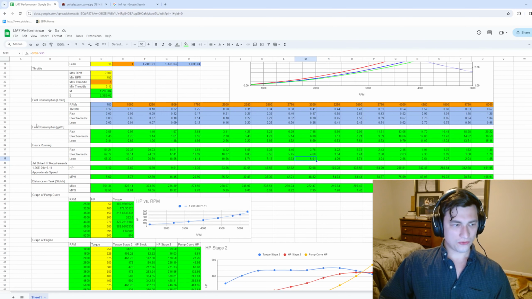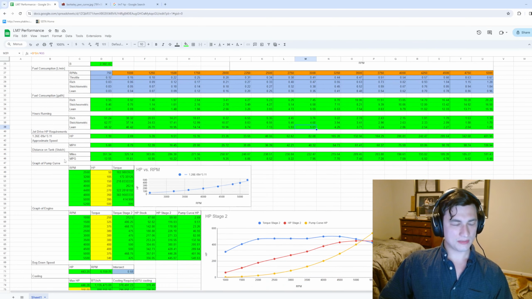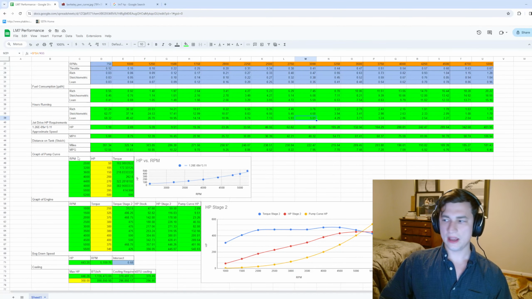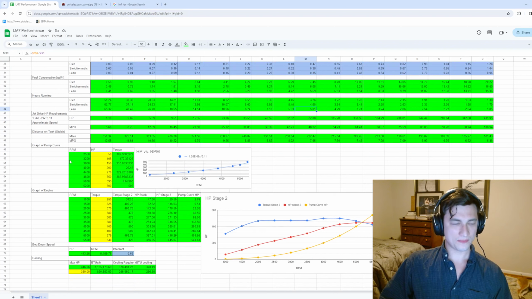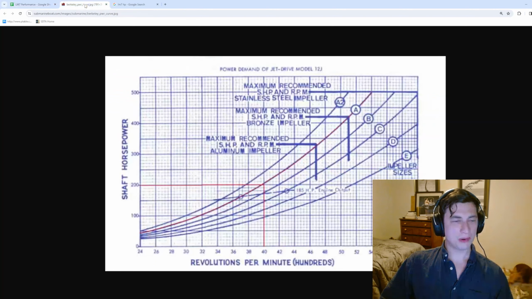Now, for the next bit, we're going to skip down to where I characterized the pump curve. So I took a Berkeley pump curve. This is standard for a jet drive Model 12J. JC defines how it attaches to the boat hull, so the C doesn't necessarily matter, but then A is the impeller size.